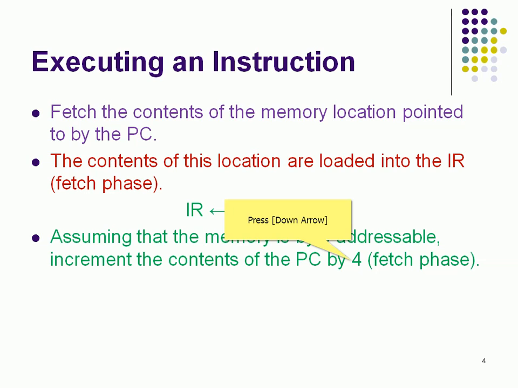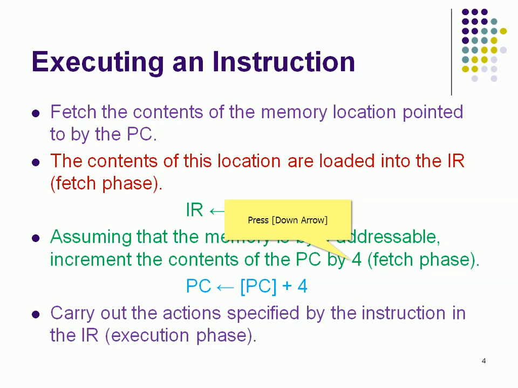Then with the help of that, from the memory it brought the instruction, and it is there in the IR. Now the program counter should self-increment so that it points to the next instruction, gets ready, right? So that is PC equals PC plus 4, right?